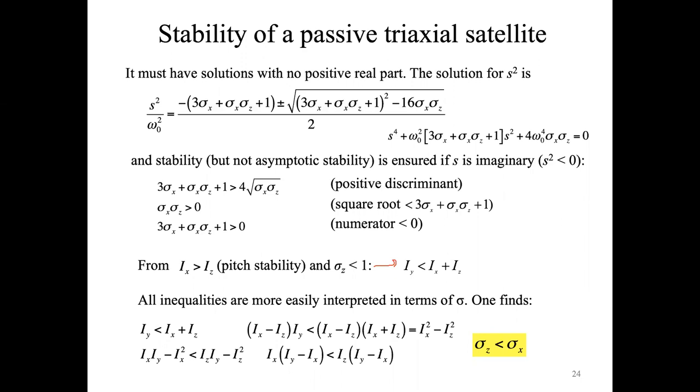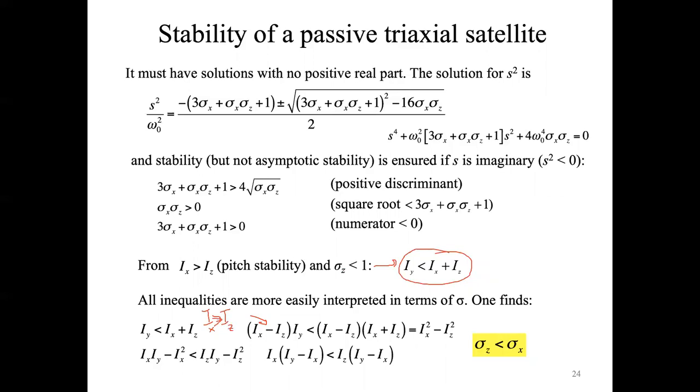Now we can convert this condition into sigma terms. So if you multiply both terms by Ix minus Iz, you are able to do that only because we know that Ix has to be greater than Iz.